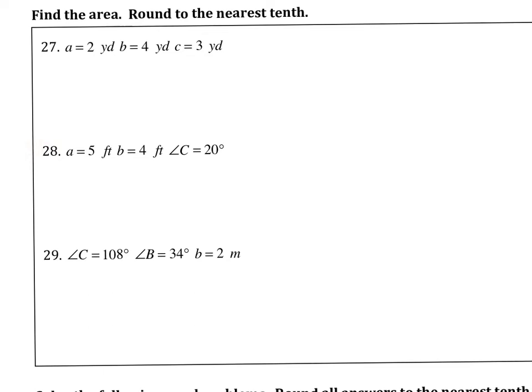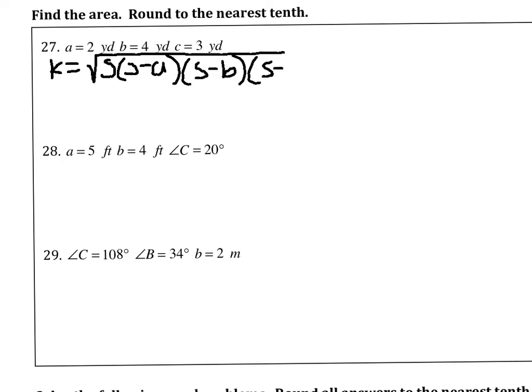So for 27, since they're giving us three sides, I know I'm going to use Heron's formula, which is k equals the square root of s times s minus a times s minus b times s minus c. So the first thing I need to do is find what is the semi-perimeter. So that's adding all three sides together and dividing it by 2.